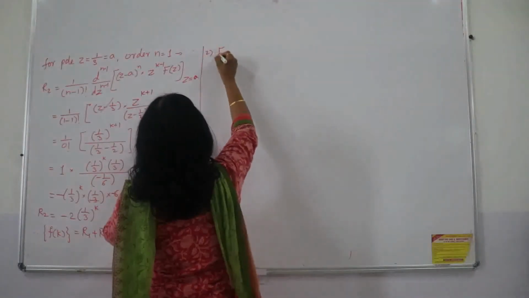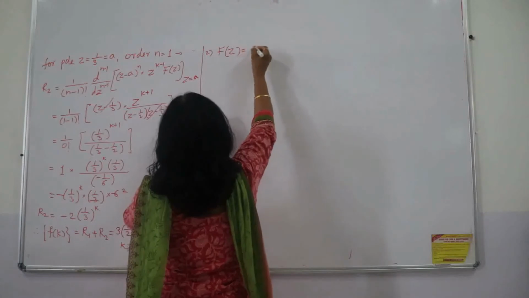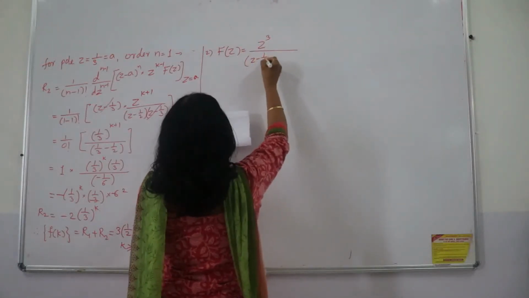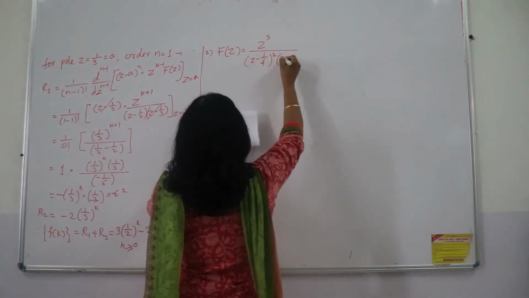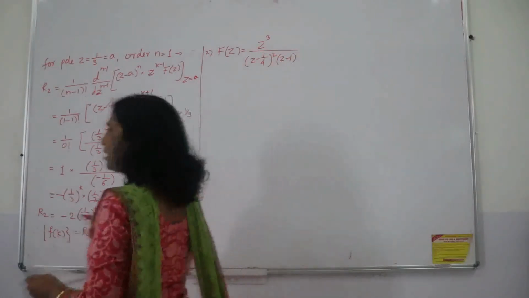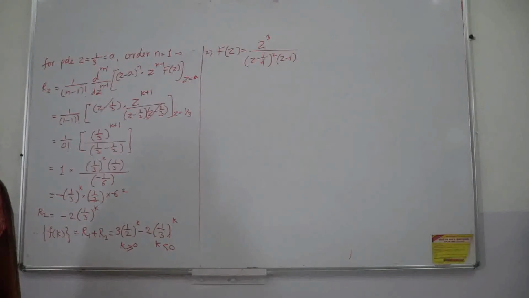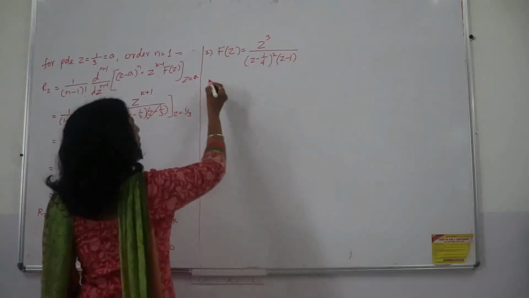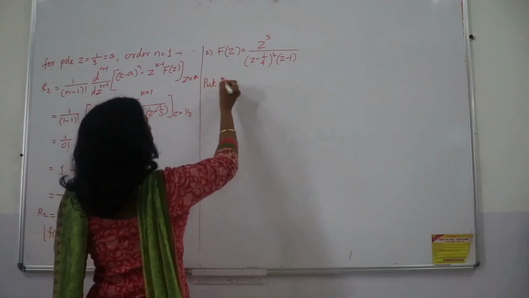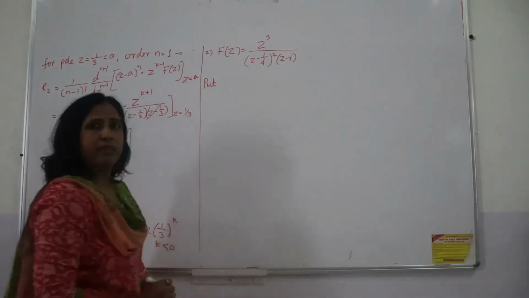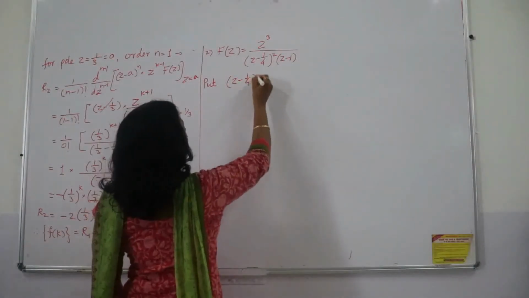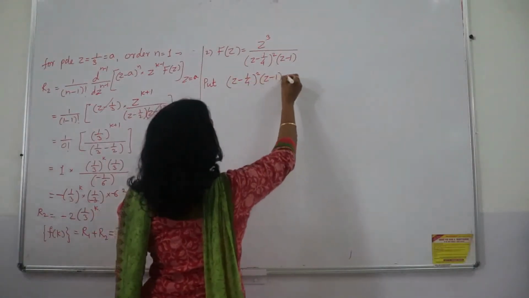Second example. Now let me write directly. F of Z is equal to Z cube divided by (Z minus 1 upon 4) square multiplied by (Z minus 1). This is my next function which is to be worked out. Right, so f of z I have already considered. Let us start our process. We have to use the inversion integral method. So put the denominator (z minus 1 upon 4) square into (z minus 1) equal to 0.